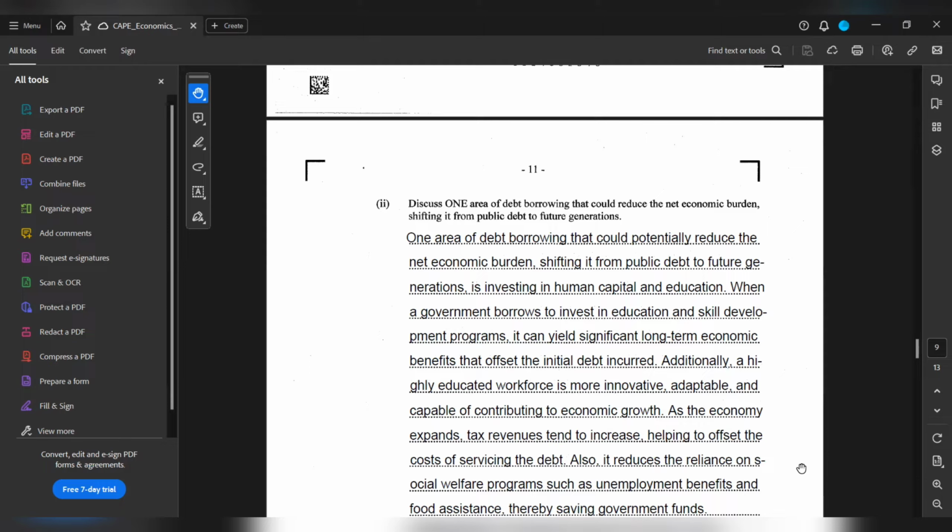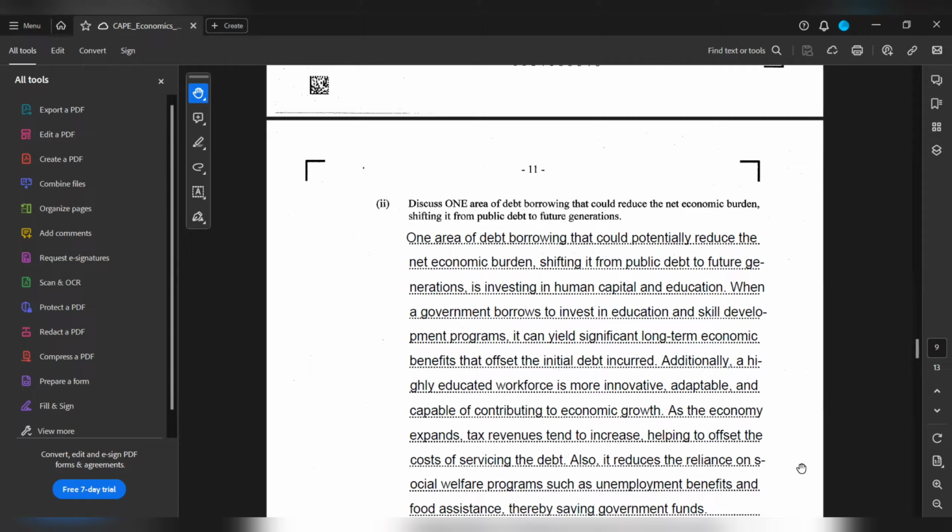When a government borrows to invest in education and skill development programs, it can yield significant long-term economic benefits that offset the initial debt incurred. Additionally, a highly educated workforce is more innovative, adaptable, and capable of contributing to economic growth.